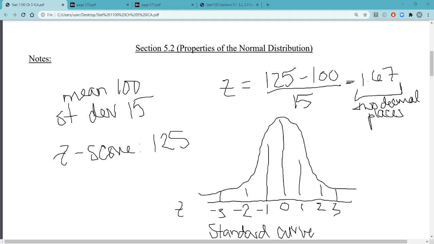And we can see that the z-score that we have for an IQ of 125 is greater than this mean. So it would make sense that it's on the right side of our curve. And we can see that it's the case. 1.67, we would be about here.